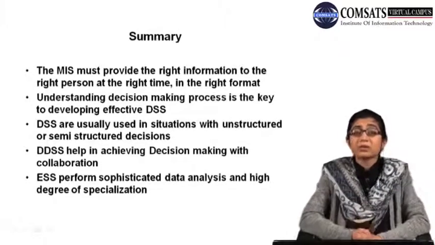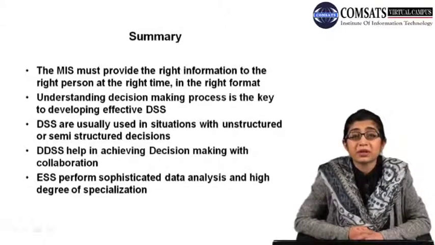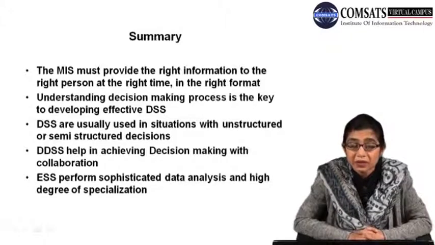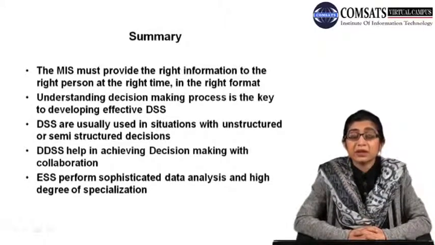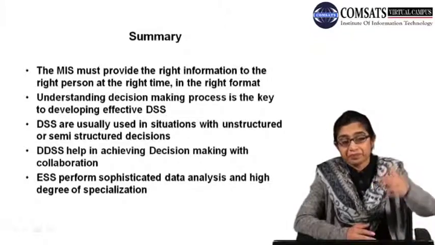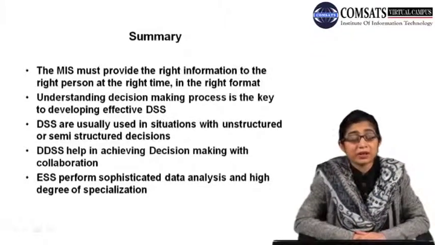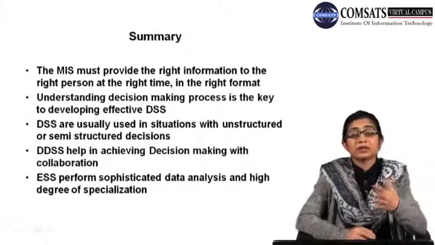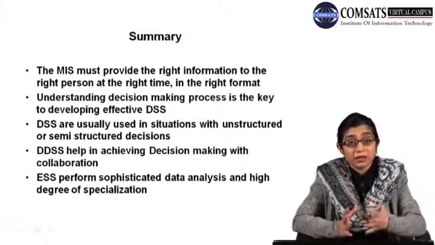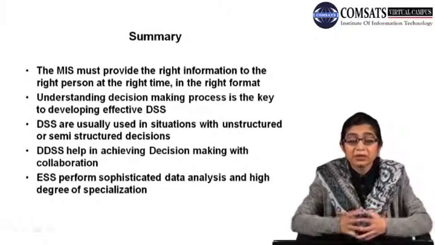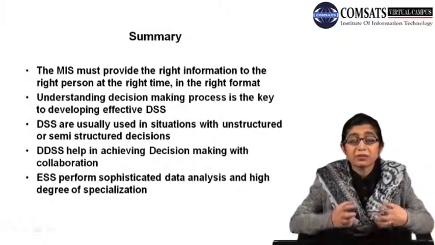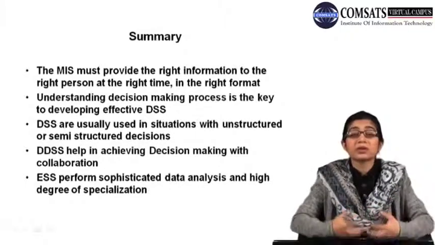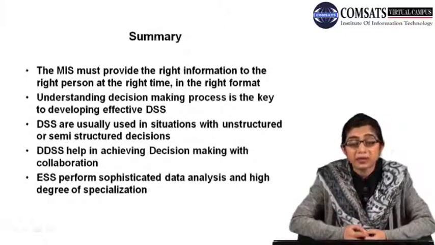Next we talked about the management information systems, the information systems working at the middle management level or different functional areas of management. We talked about the marketing MIS, the manufacturing MIS, and the HR MIS as well. Their outputs provide reports to managers for controlling, organizing, and planning the different routine tasks.